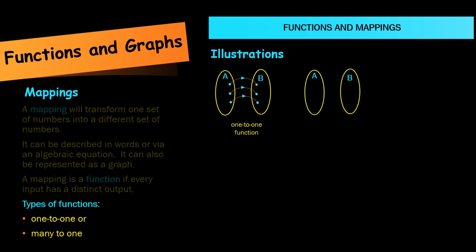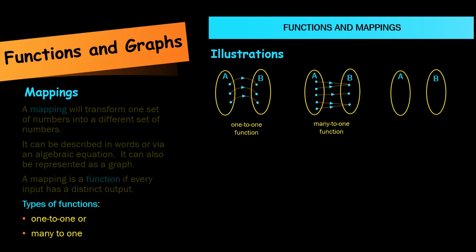Let's now take a look at an example of a many-to-one function. We have a few values in A, this time mapping to one value in B, as shown here. This is a many-to-one function.